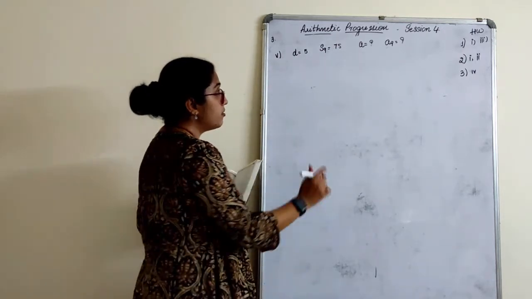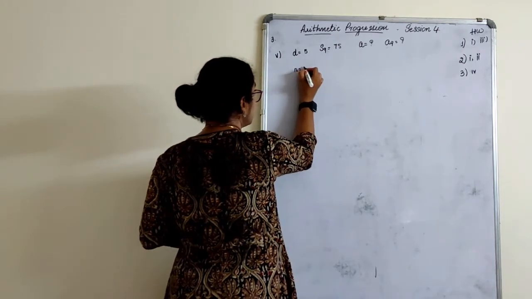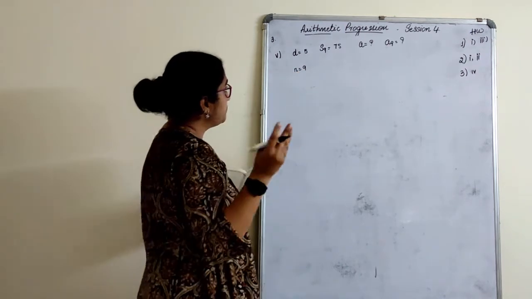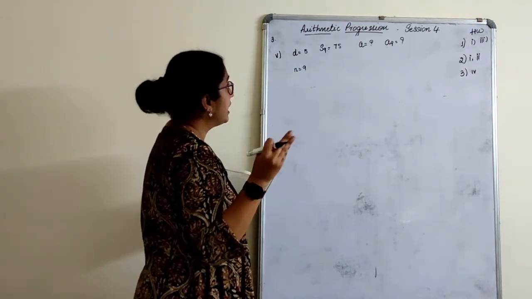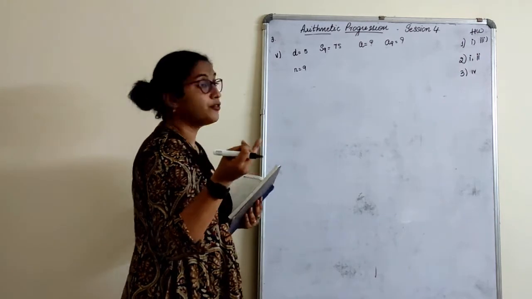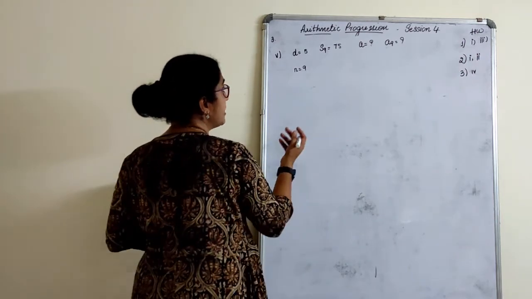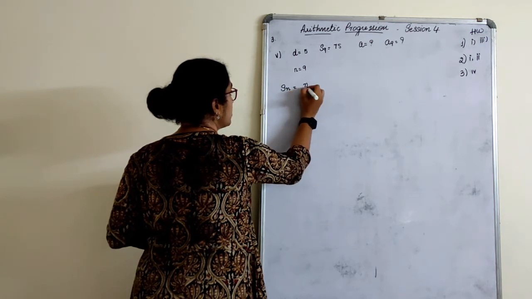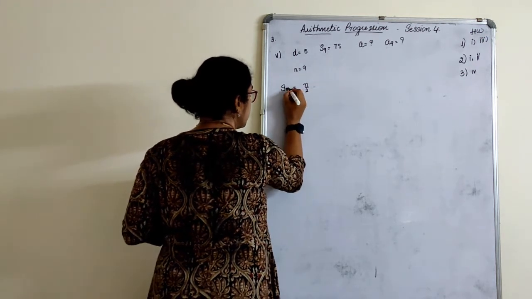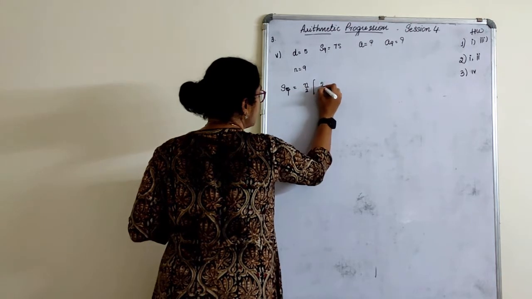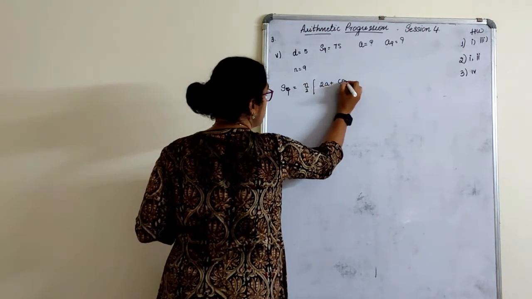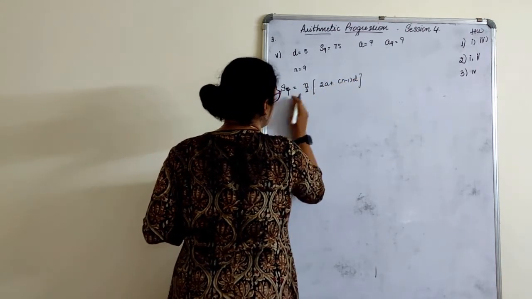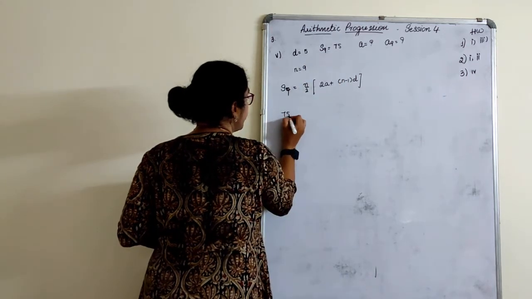So from this we got to know that n is equal to 9. So I know n, I know Sn, I know D. The only thing is I have to find A. Which formula shall I apply? Directly shall I apply the Sn formula? That is Sn is equal to n by 2 of 2A plus n minus 1 of D, where S9 is 75.